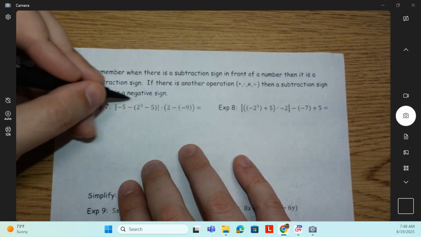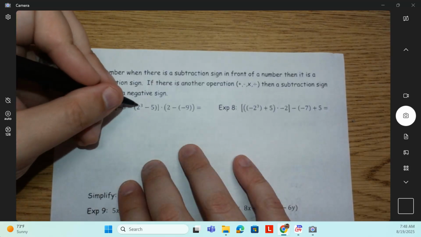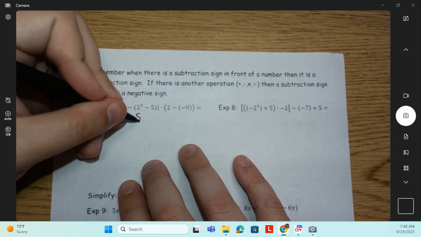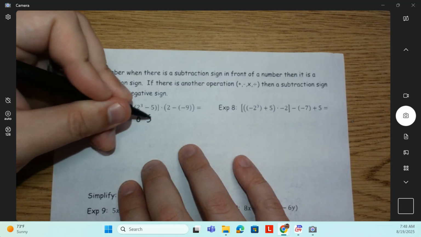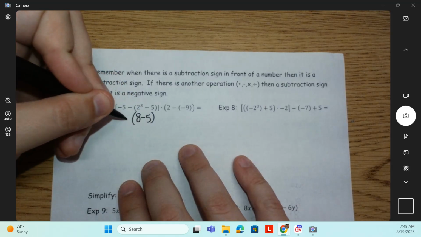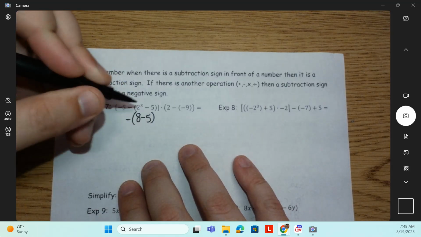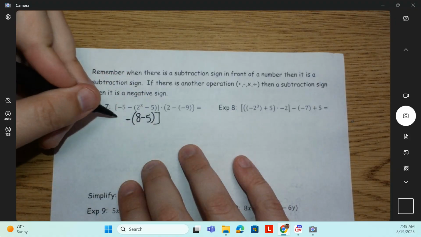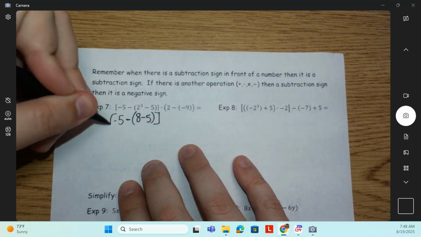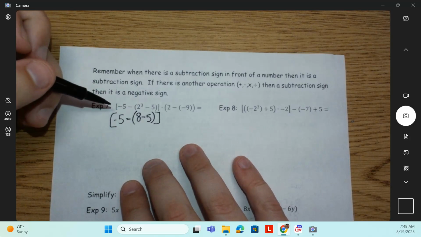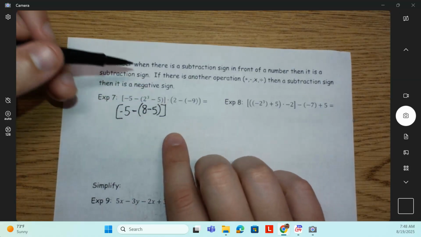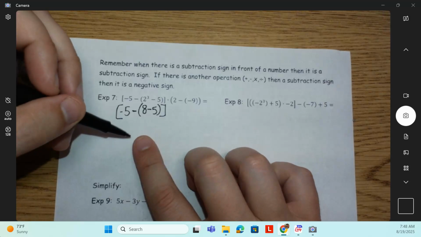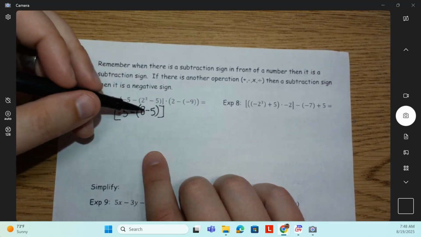But first, I'm going to work out from here 2 to the third power to get 8. So that's still in the parentheses and my brackets there. And because this is kind of separated like that, I'm going to work this part down and then work the other part.